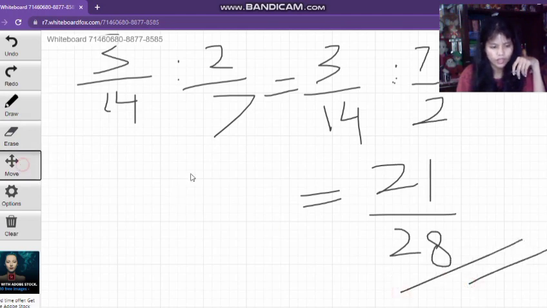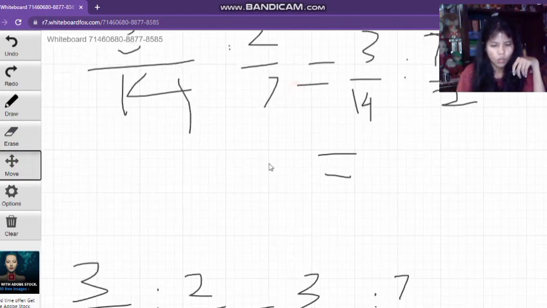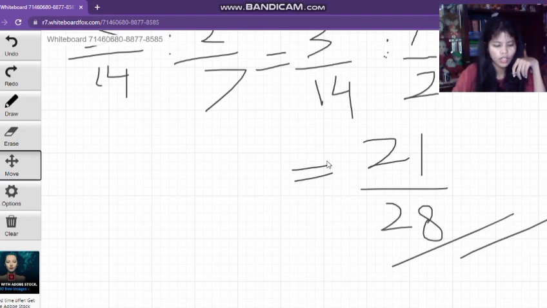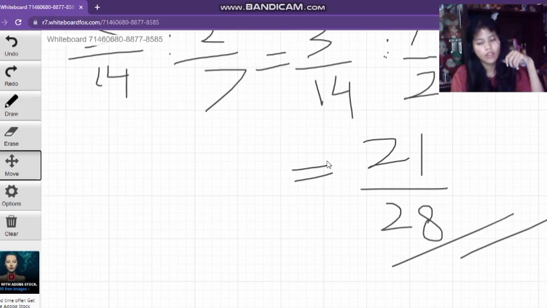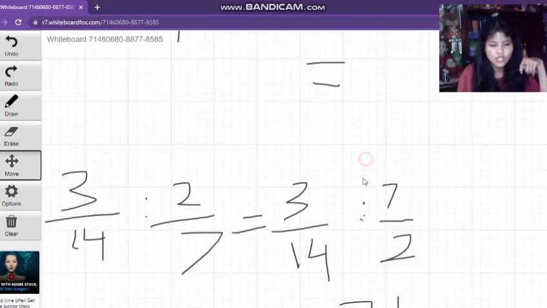So the quotient is 21 over 28. We can simplify the fraction by dividing the numerator by 7 and the denominator by 7.